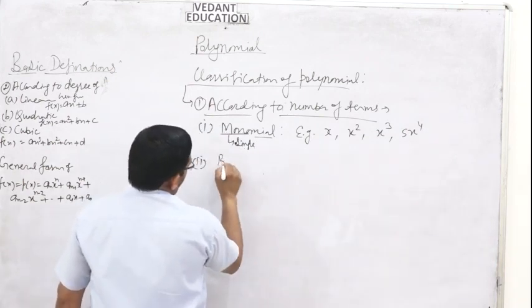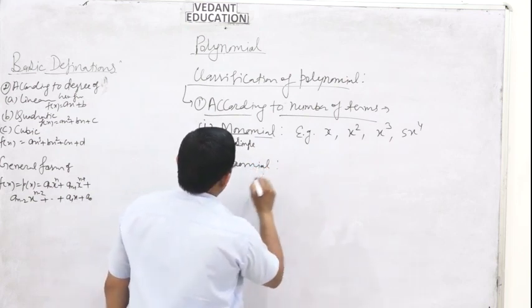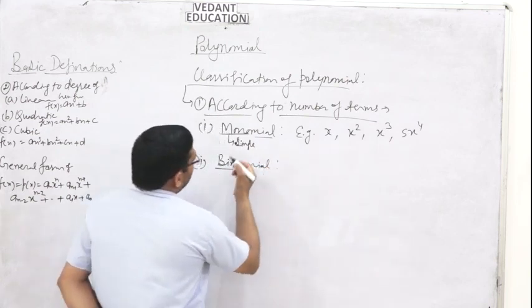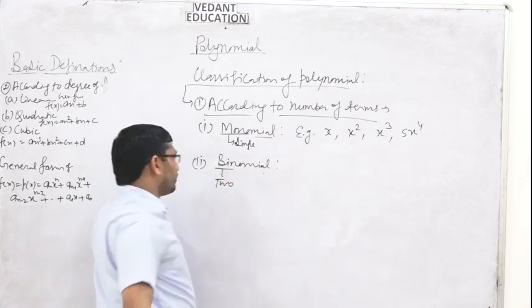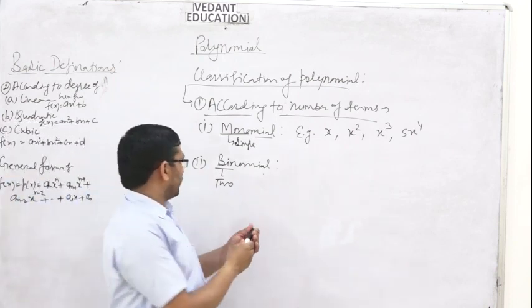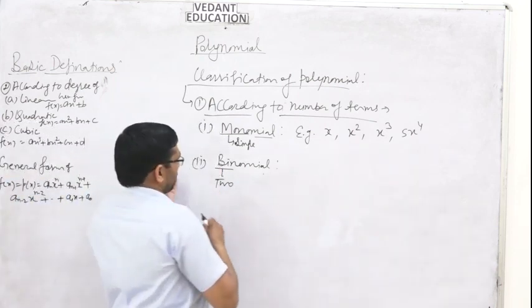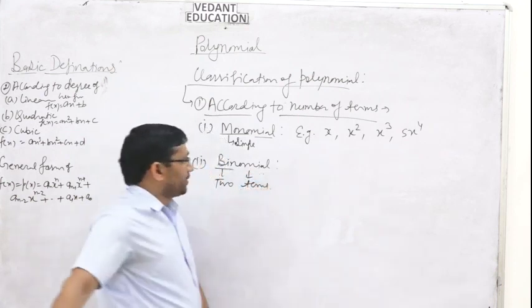Then second is binomial. Bi means two and nomial means term. So the polynomial which has two terms is known as a binomial.